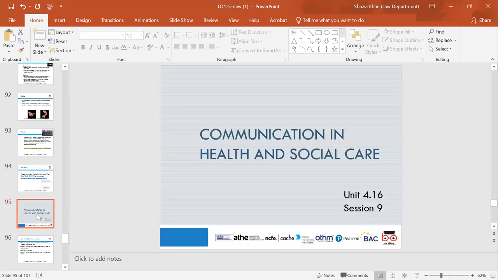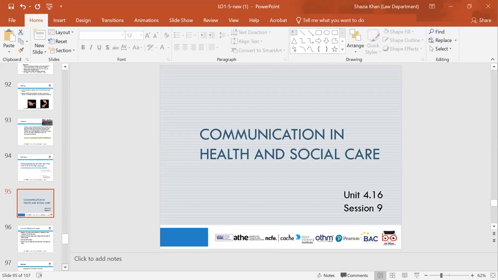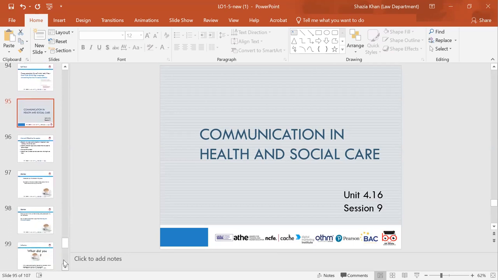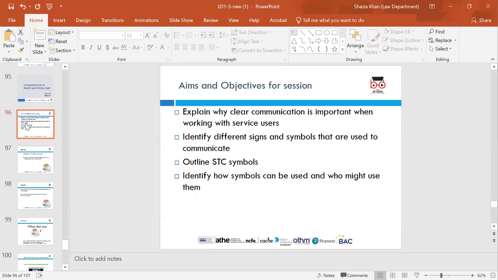So now we're going to go on to session 9, which is the final session, looking at communication in health and social care. In this session, we'll be looking at explaining why clear communication is important when working with service users.